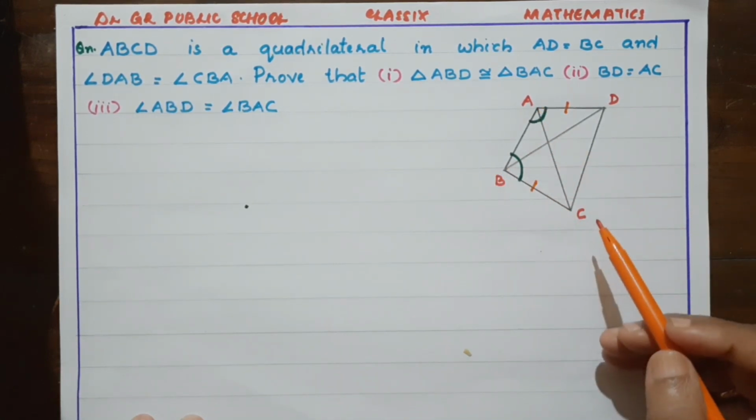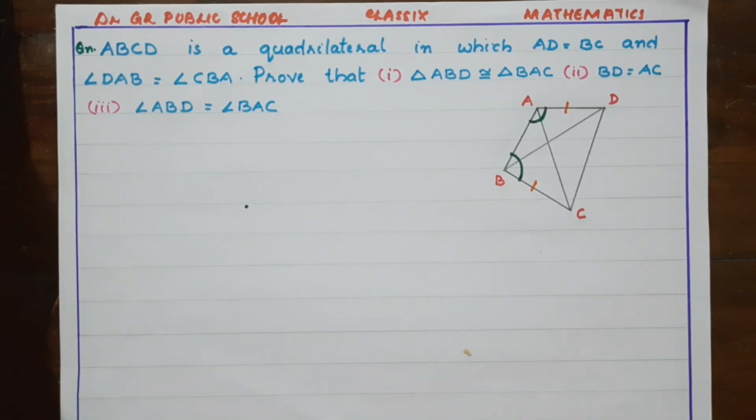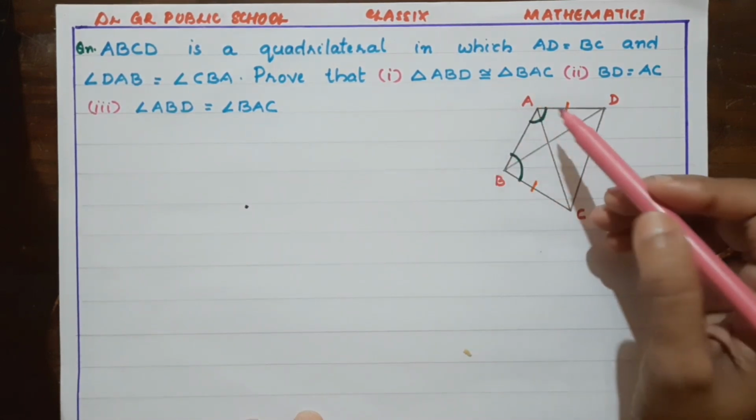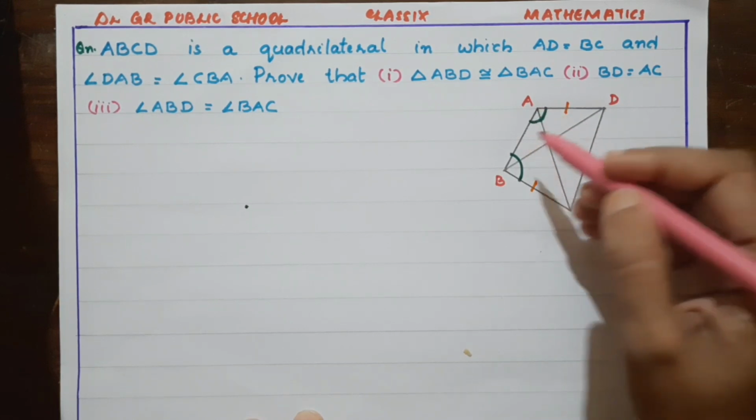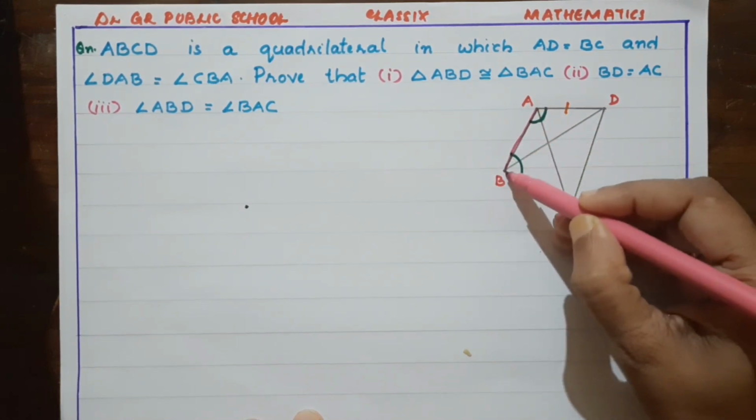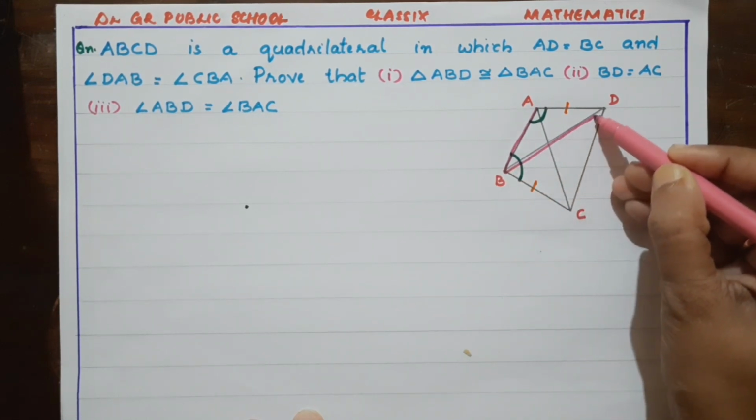BAC. Okay, it is better to mark the sides of the two triangles. Okay, what is our first one? ABD. So, this one. ABD.